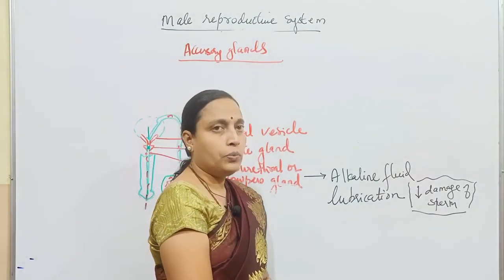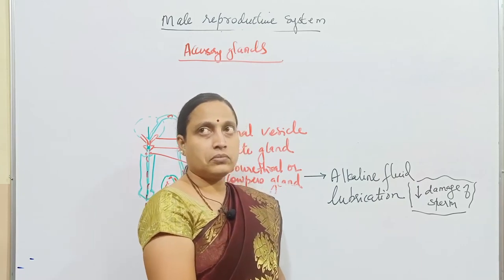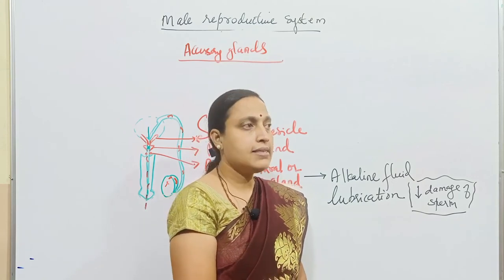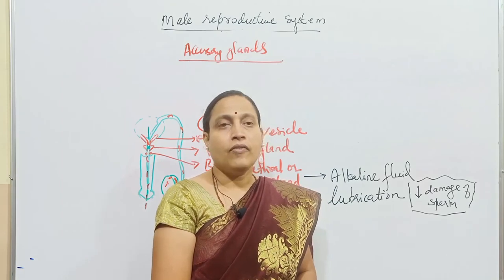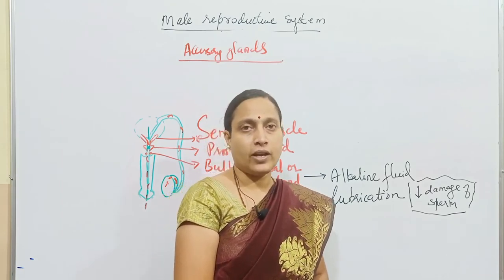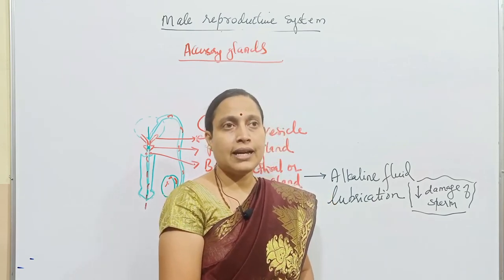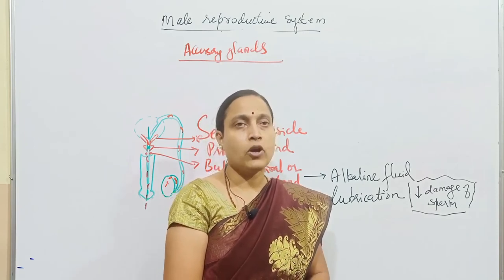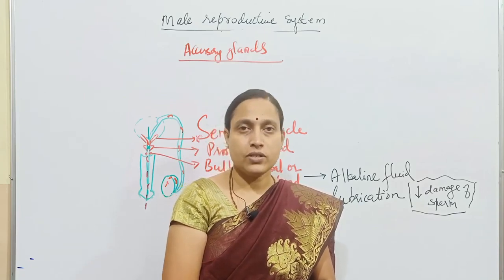Also you should know that in one of the natural contraception methods called the withdrawal method, it fails in certain individuals who exhibit premature ejaculation, or sometimes it fails because the bulbourethral gland secretion itself will have some amount of sperms, because of which contraception is not achieved.